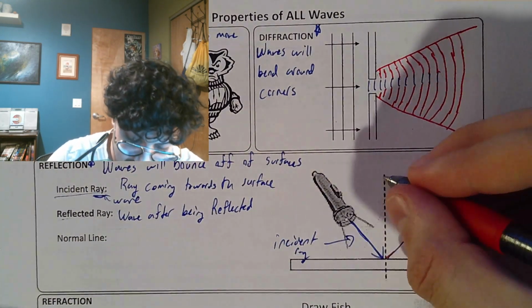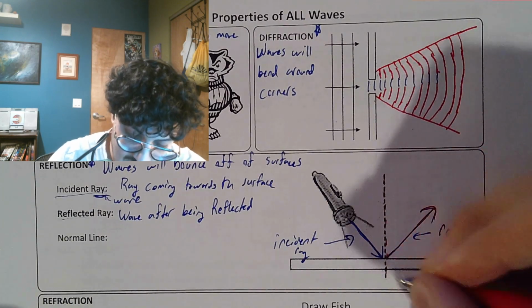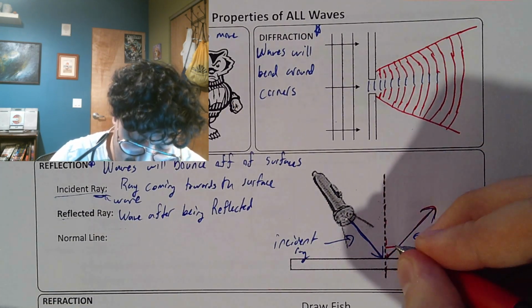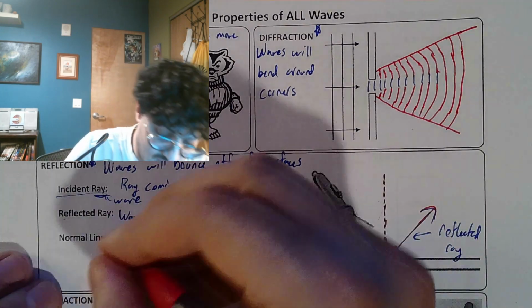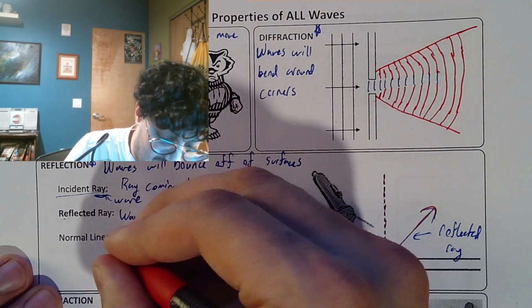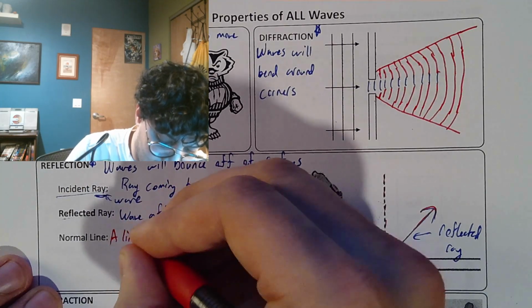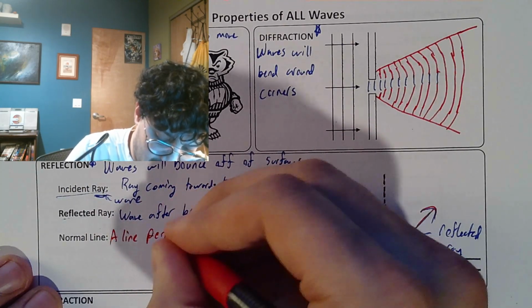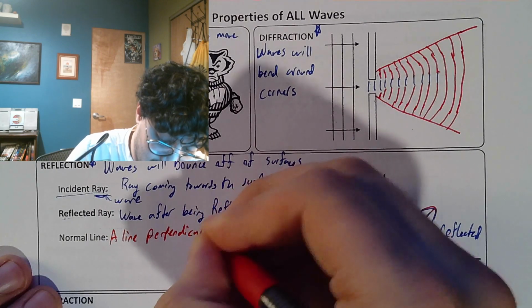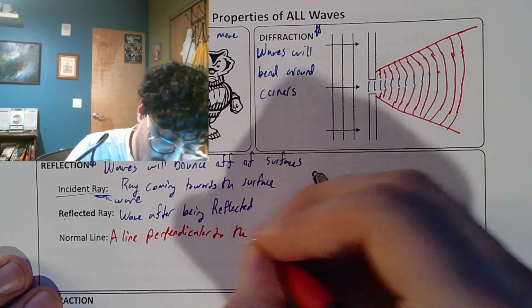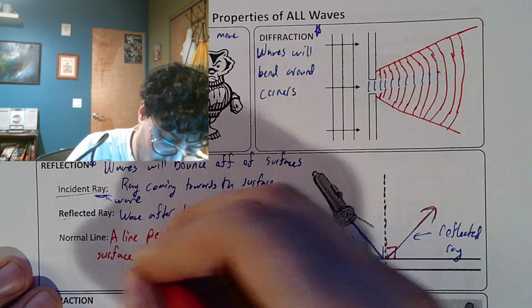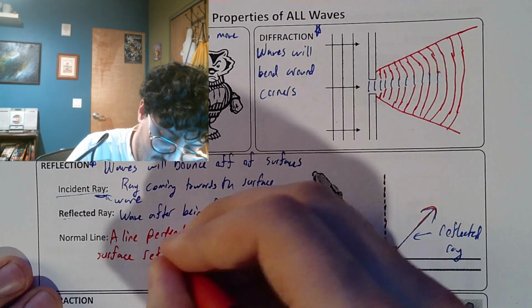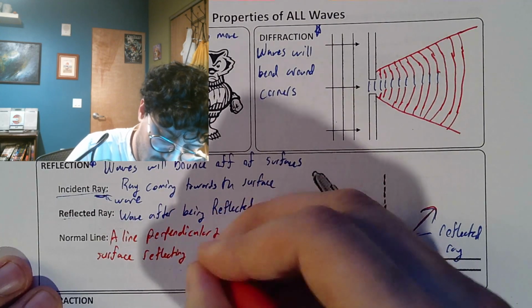Our normal line is this dotted line here, and it's normal because it forms a right angle to the surface. It is a line perpendicular to the surface, reflecting the wave.